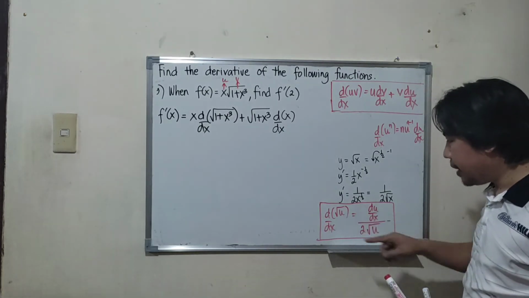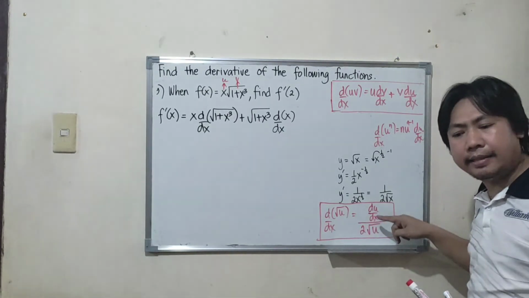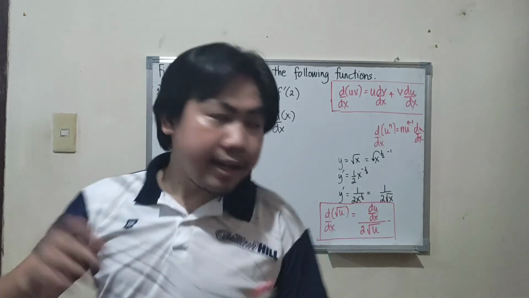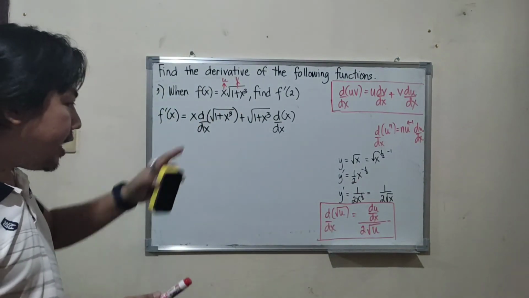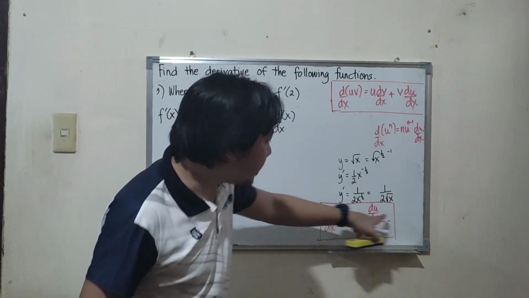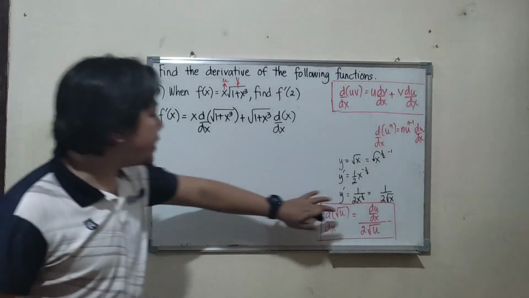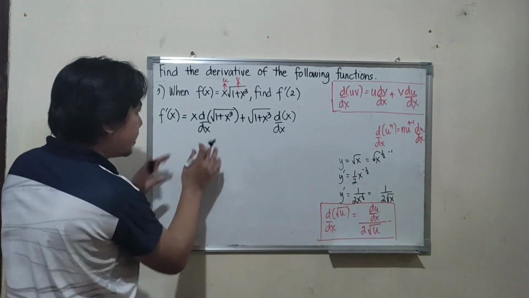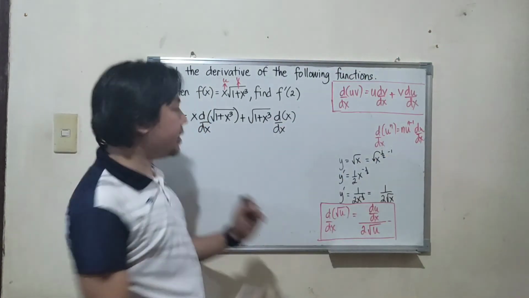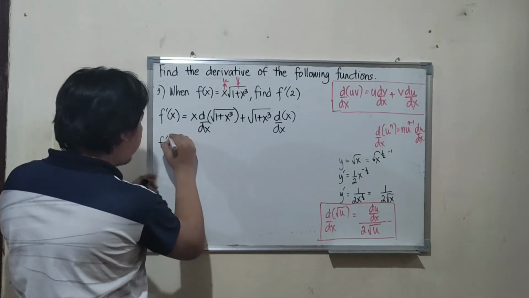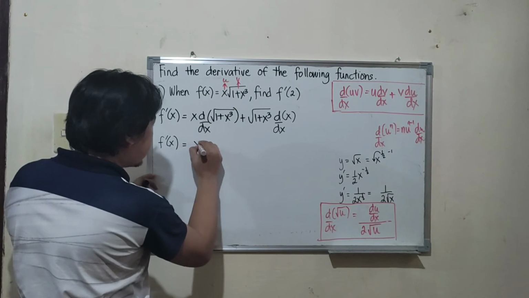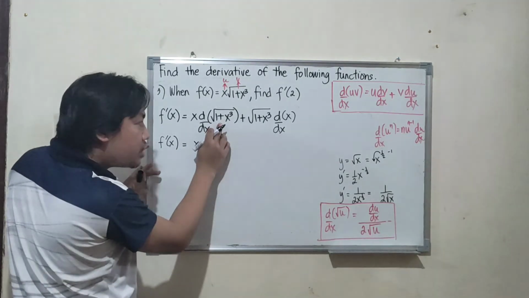Okay, so again, pag may square root of u, ito lang ang formula natin. Or yung kanina, pag nilagyan nyo ng 1 dito, yung derivative, nakamultiply na lang, so parehas lang din ang ibig sabihin. So apply natin itong formula na to. So we have f prime of x is equal to x times derivative daw ng mga square root.